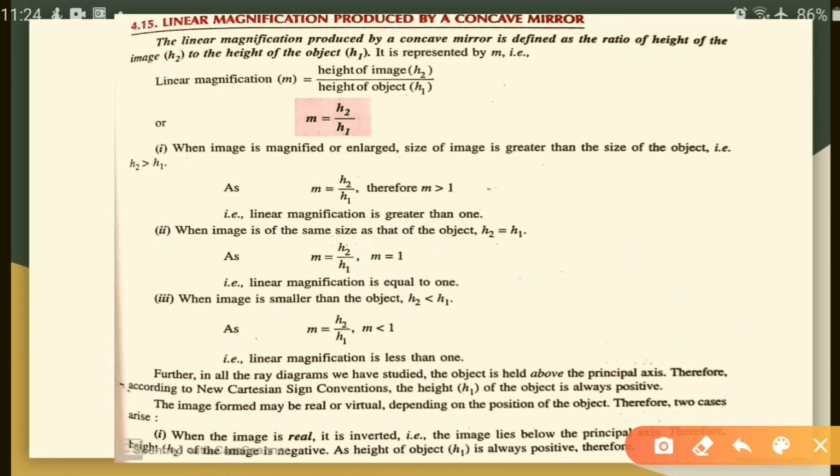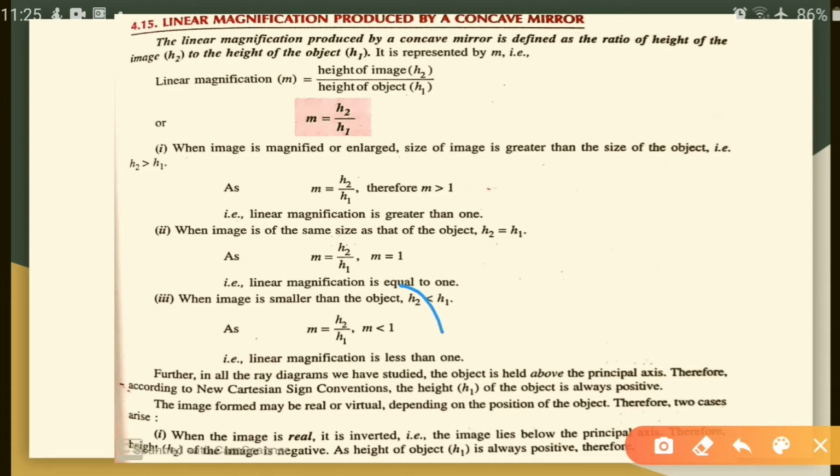Okay. Can you give any example of magnification 1? This is possible for a plane mirror, because, recall the previous lecture, in a plane mirror the image formed is of the same size as the object.